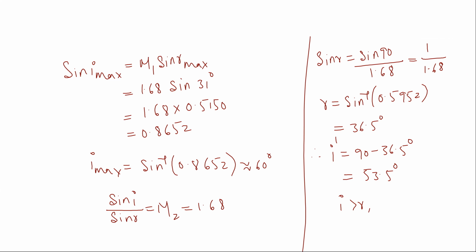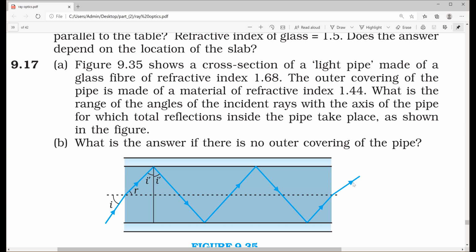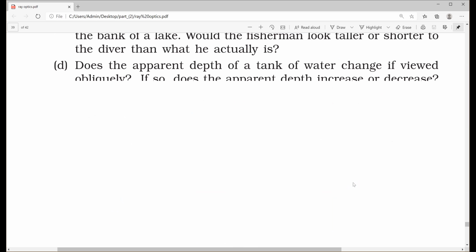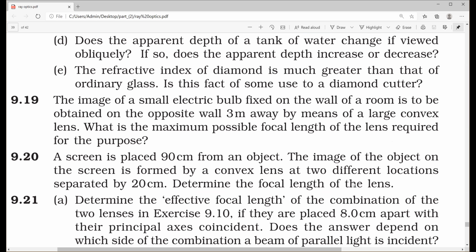So next, we shall move to the next problems, 9.18 and 9.19. 9.18 is theory based, go through that, and now we shall solve 9.19.